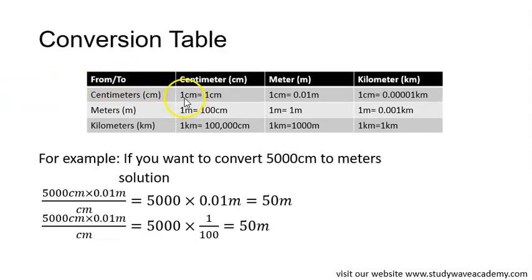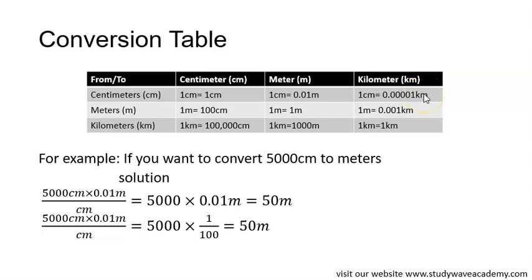1 centimeter is equal to 1 centimeter, okay? Then 1 centimeter is equal to 0.01 meter. And 1 centimeter in kilometer is equal to 0.00001 kilometer.